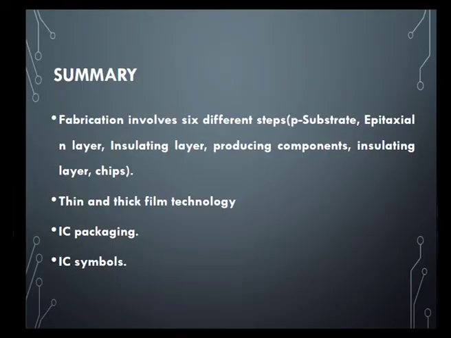Everything will be carried out on this P type material. Since the P type material will have no carriers, it is exactly like an insulator. So, this P type material will be used for fabricating different kinds of electronic components. All these steps are involved in monolithic IC fabrication.